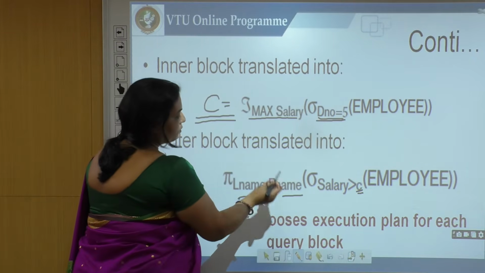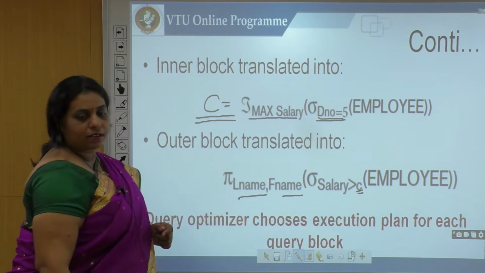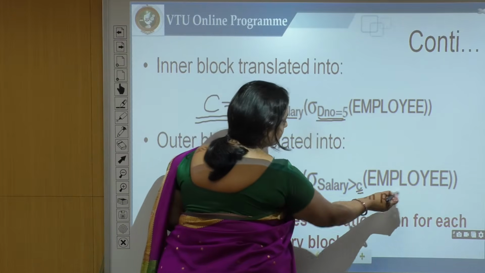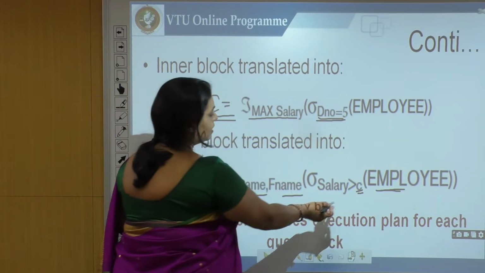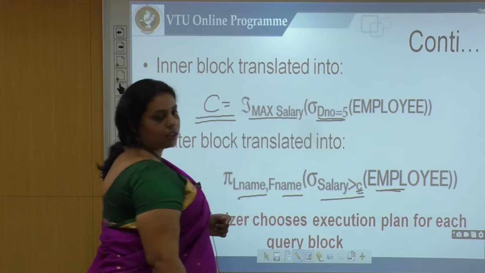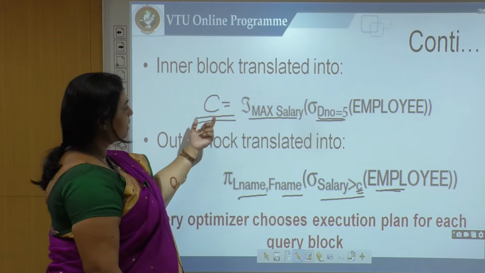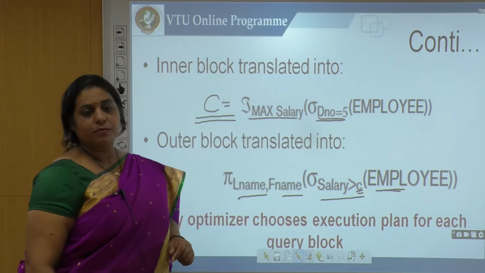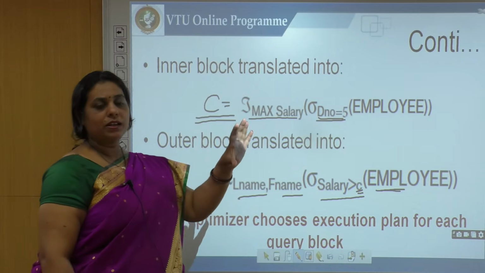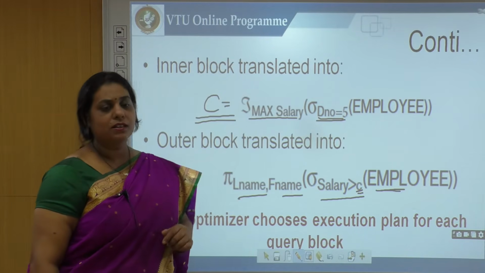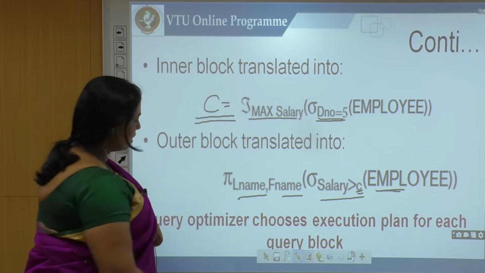Last name, first name. From where? Employee. What is the restriction? Salary should be greater than C. What is C? C is the max salary paid in department 5. Right? This is how the query is converted to relational algebra.